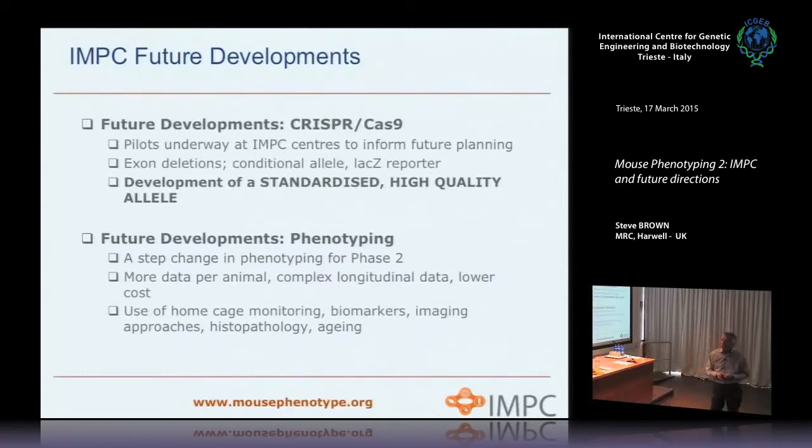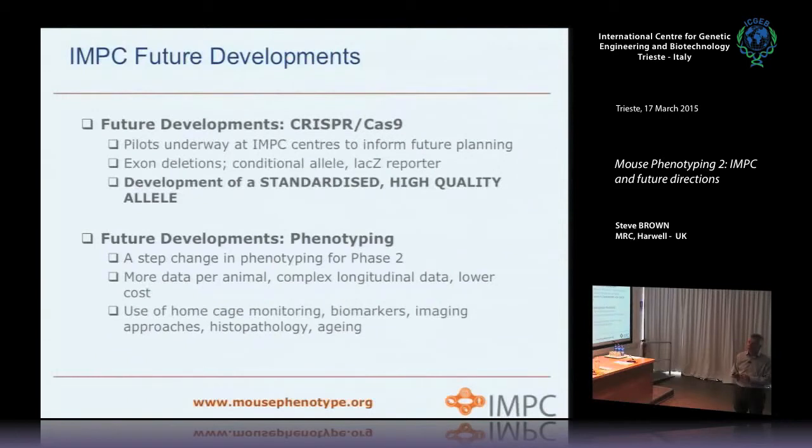There's obviously a huge amount that I could tell you about it, but IMPC never stands still. In terms of future developments, we're looking at the new technologies of making mutants. So in IMPC, we want to make our mutants faster and cheaper, particularly in phase 2. And I should say that that standardized knockout-first conditional allele is to some extent on its way out.